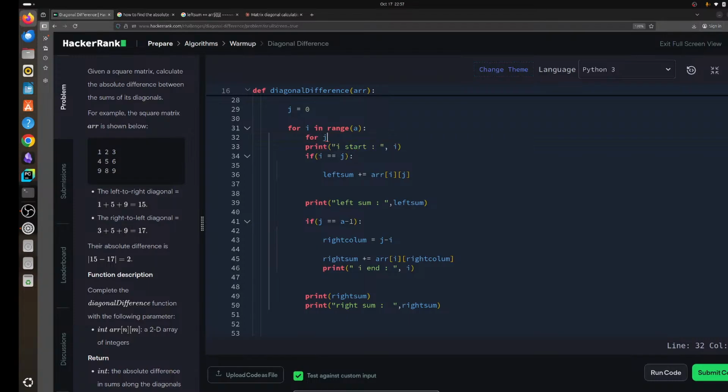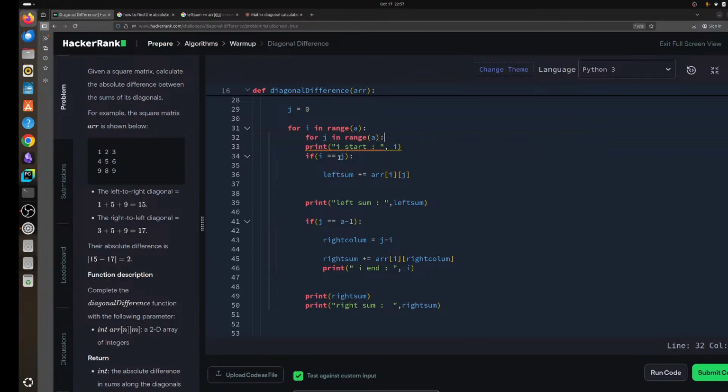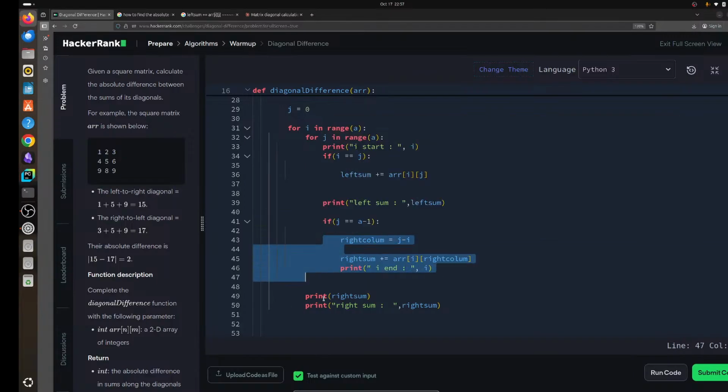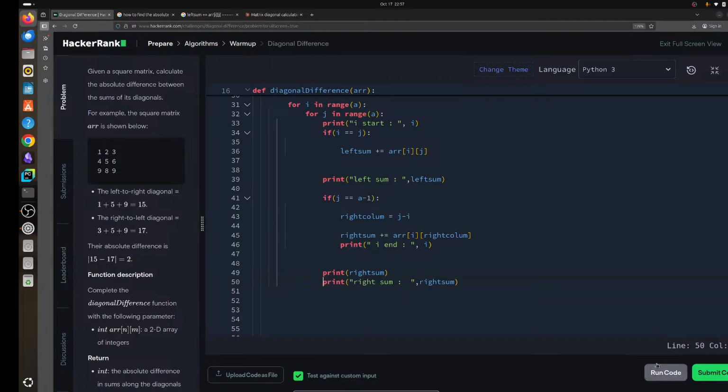For J in range of A, let's see. Run code now.